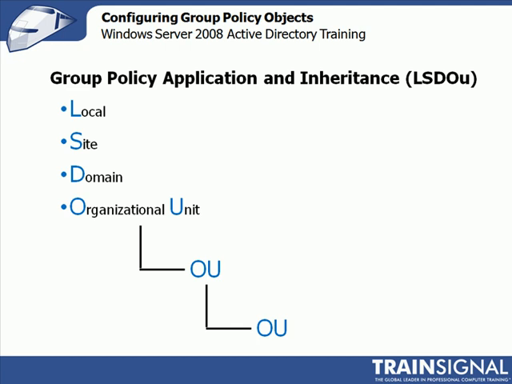But then the site will be looked at, and we'll say that there's no GPO linked to the site, so nothing happens there. Then the domain is looked at, and there's a GPO that says prohibit access to the control panel. Well, now that user has been prohibited access to the control panel, meaning it's like a switch has been flipped.